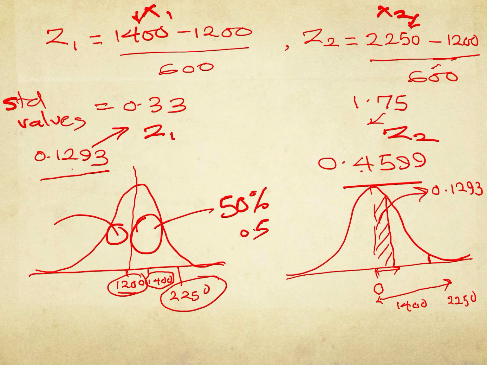Same thing here. Everything should be equivalent to that. So that's why you see here, from here, there, it will be 0. So from here, there, that will be 0.4599.